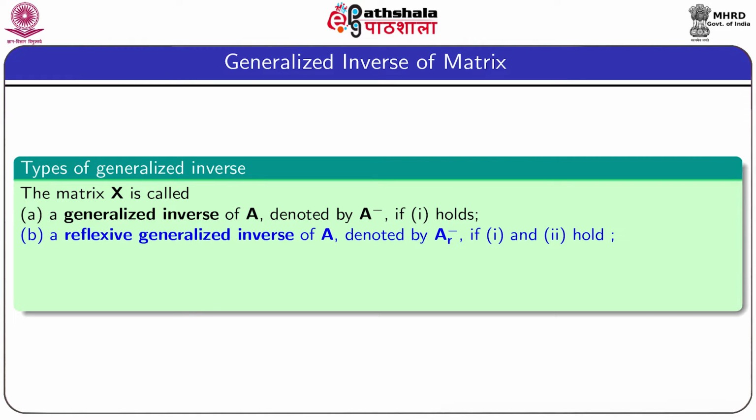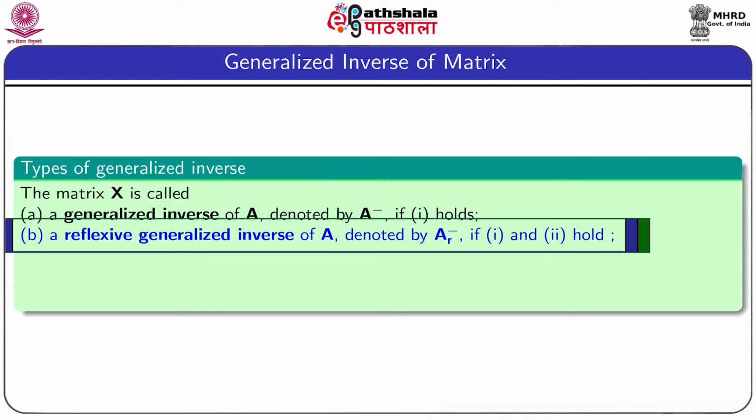Now, depending on these definitions, we can define different kinds of generalized inverse. The matrix X is called a generalized inverse of A, denoted by A minus, if equation 1 holds. It is called a reflexive generalized inverse of A, denoted by A r minus, if conditions 1 and 2 hold.